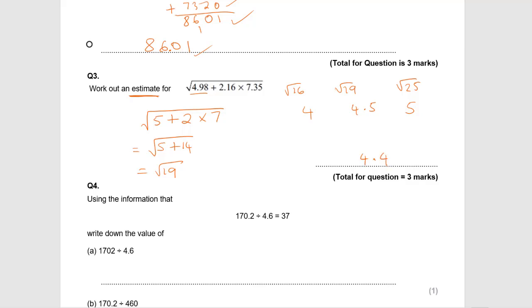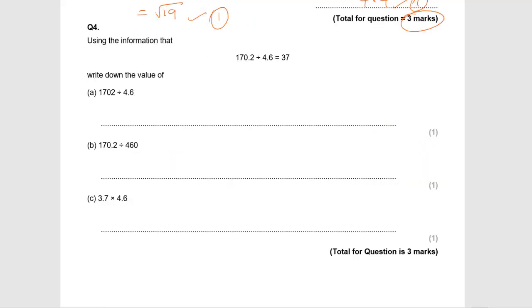Now in this question, if you get an answer in a range between 4 and 4.5, you will get that final mark. So where do we get the marks from? We get 1 mark for showing this calculation here, then the second mark for showing square root of 19, and the final mark for the actual answer between 4 and 4.5. So 3 marks altogether.